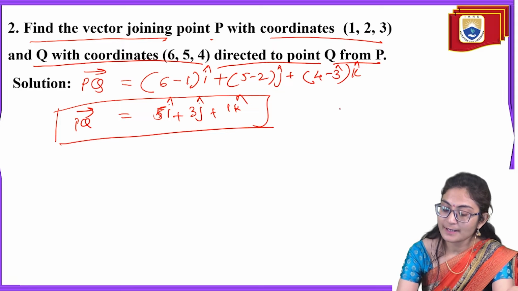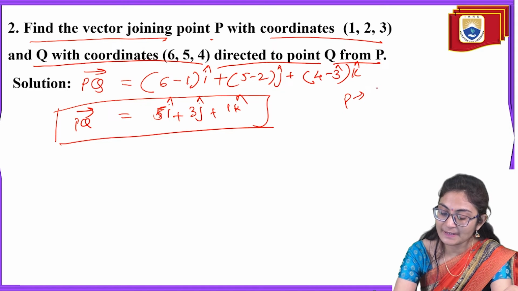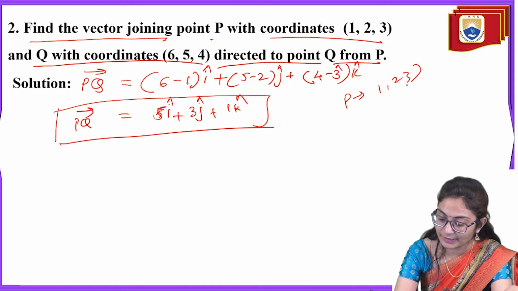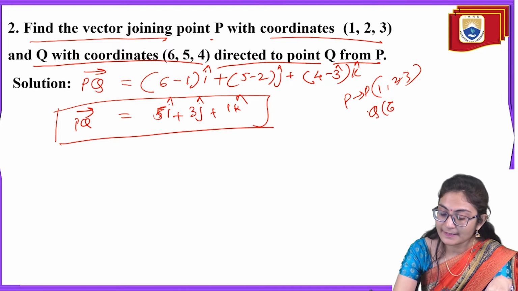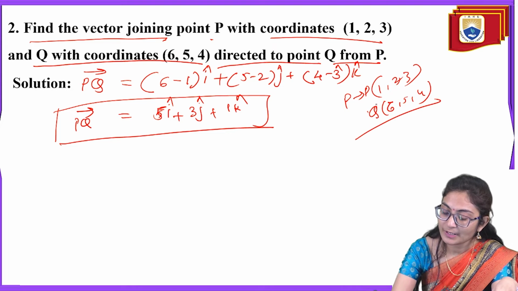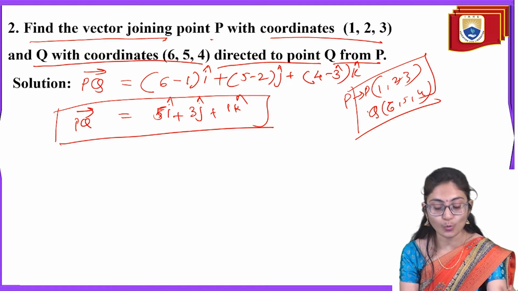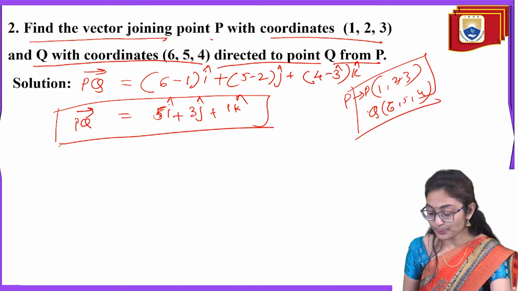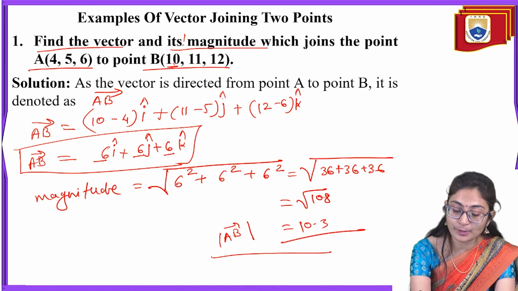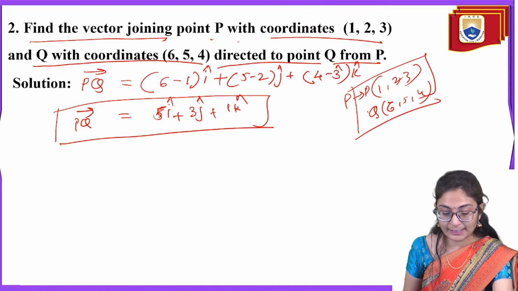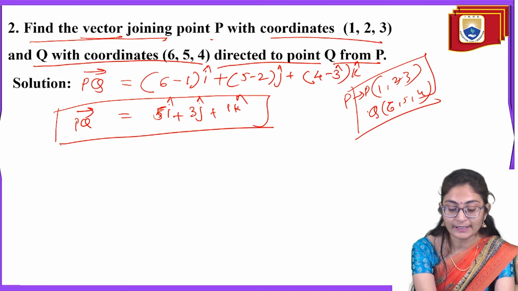Here it is mentioned that P is 1, 2, 3 and Q is 6, 5, 4. These all things have been given, and here we have to find out only the PQ vector. In the previous problem, we had to find out the magnitude also, but in this problem, we have to find out only the vector.